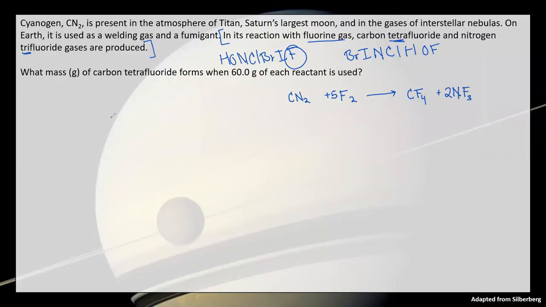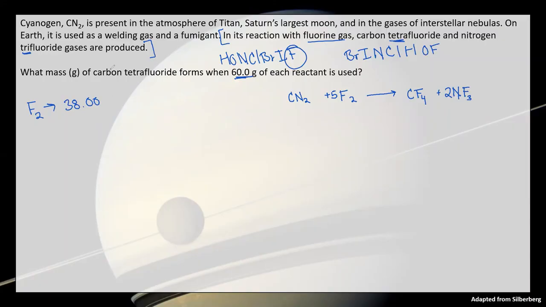Then it says what mass of carbon tetrafluoride is formed when each reactant is mixed together, and we have 60 grams of each. So we have to figure out who is the limiting reactant. So for fluorine, to do this, we need our molecular mass. Fluorine is elemental but diatomic, so you have to be careful when you look at this on the periodic table, right?